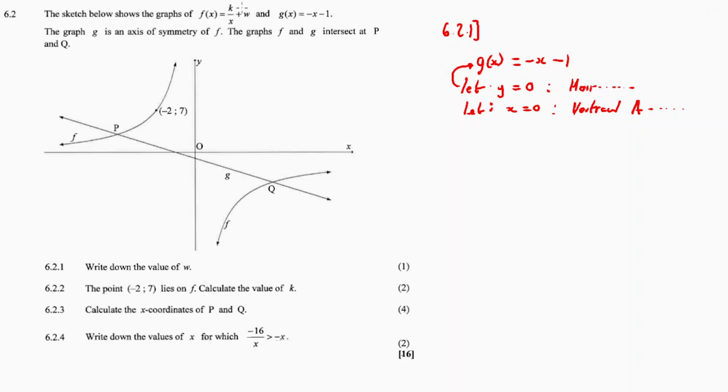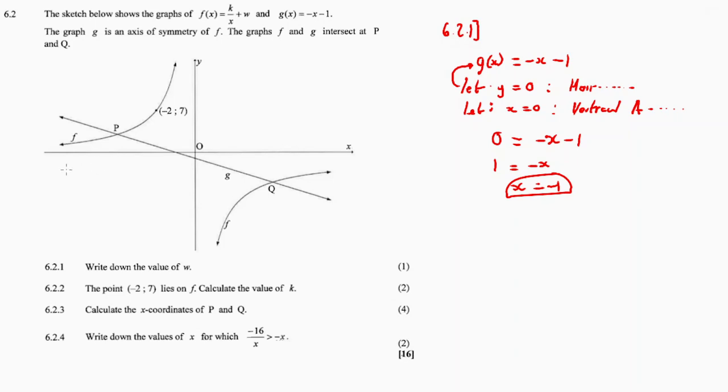The W is the horizontal asymptote, and in order to find the horizontal asymptote, I need to let y be equal to 0. So therefore it's 0 equal to minus x minus 1, transpose 1, minus x, so x is equal to negative 1. So this is my horizontal asymptote.